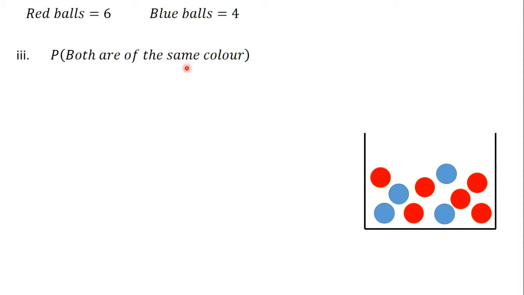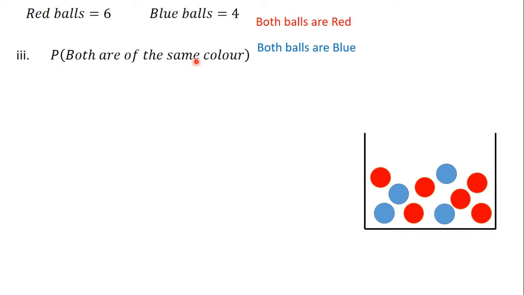So if both balls are of the same color, it means that either both balls are red or both balls are blue. We are selecting 2 balls from the bag and there are only red balls and blue balls.